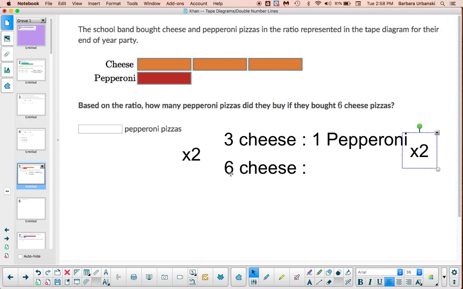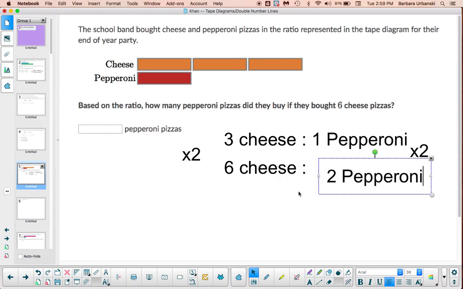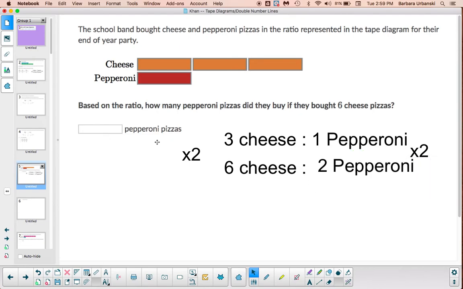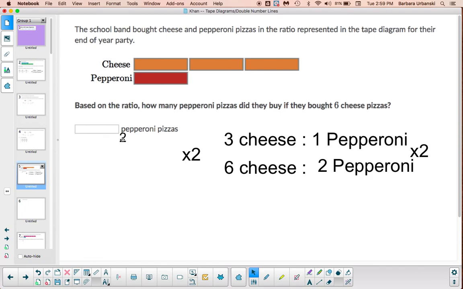And so if there's 6 cheese pizzas, you would have 2 pepperoni. Fill in your answer. And that would be it. That's all there is to it. So good luck, and that is all.